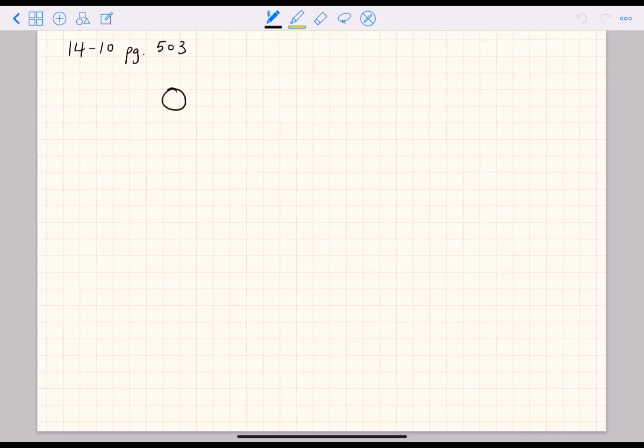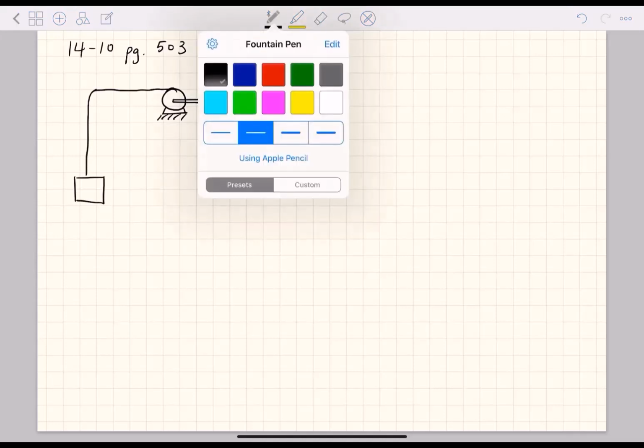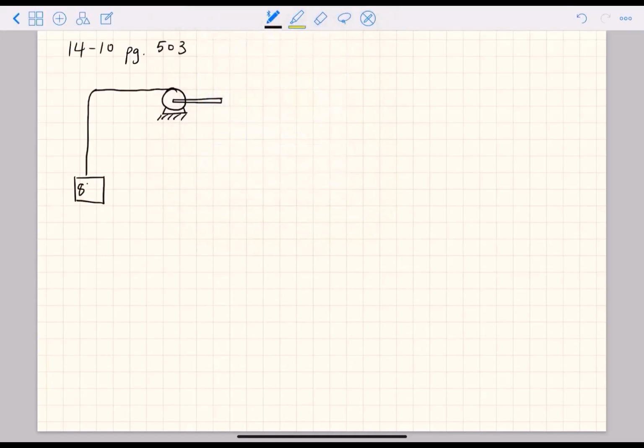It's just a very simple diagram, and there is sort of a lever here, and we have a cable that goes around and down to a block that is 8 kilograms, and all this is just showing how it's being held there.